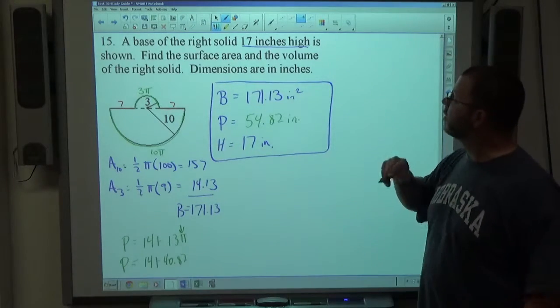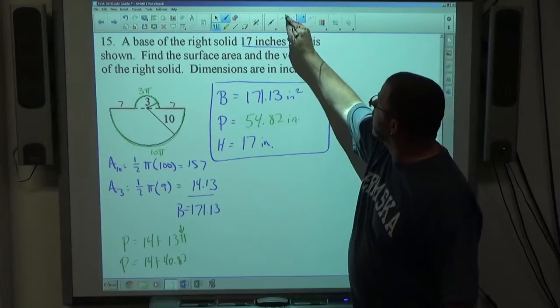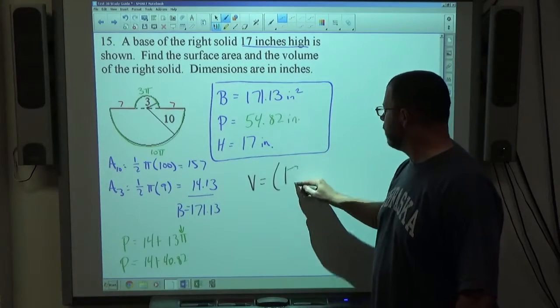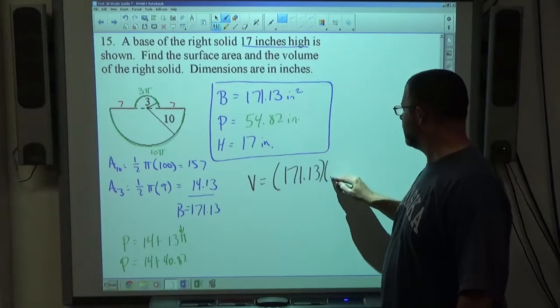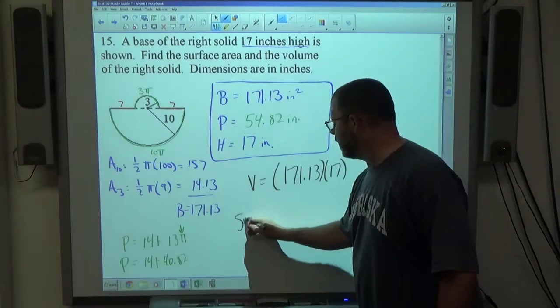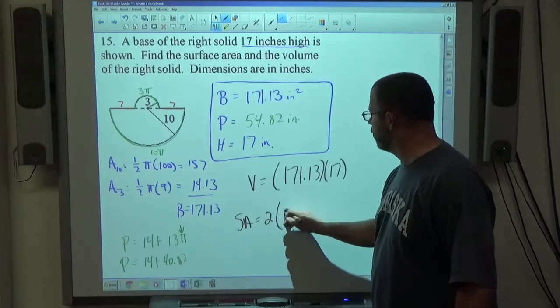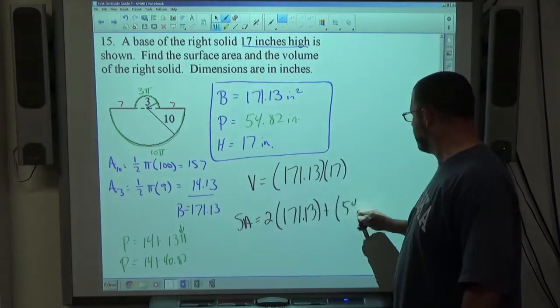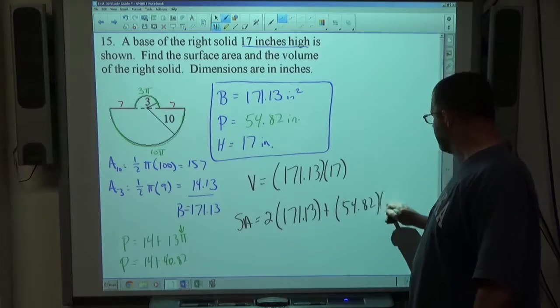I know the height's 17 because I read it right there in the problem. So the volume is simply going to be BH, so that's going to be 171.13 times 17. The surface area is going to be 2 times B, which is 171.13, plus pH, which is 54.82 times 17.